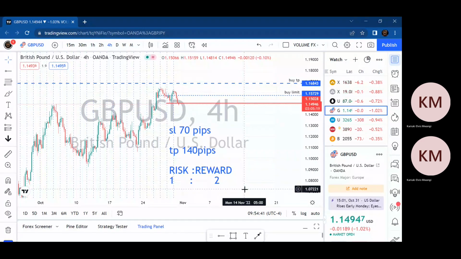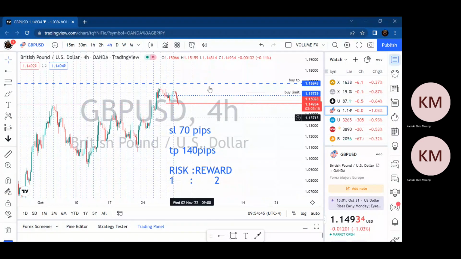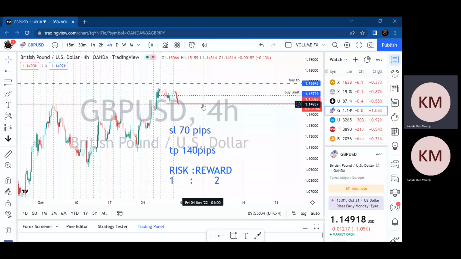That is basically what we mean by stop loss and take profit. Stop loss was the amount I was willing to comfortably lose and go to sleep or continue with my normal life. And 140 pips was the amount I was willing to get as profit without greed. Okay?